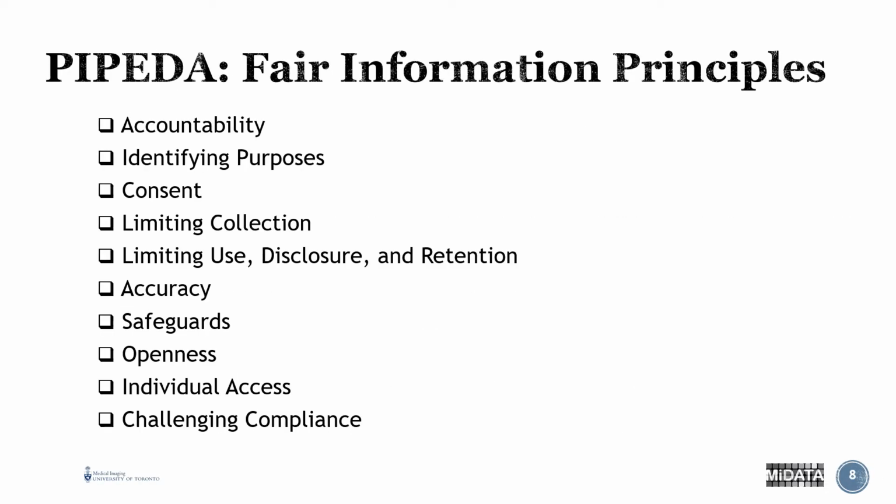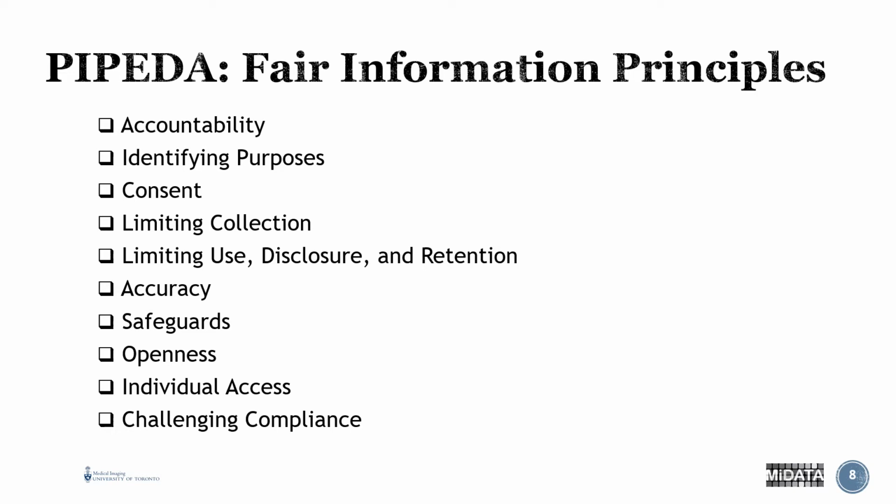I'm going to talk a little bit about PIPEDA because that's the legislation we follow here in Canada. And it is based on fair information principles. We've seen many of these already. I'll just go through these quickly. The first one, of course, is accountability. Identifying purpose is part of disclosure. Having to gain consent for people to share their information before you have access to it is very important.